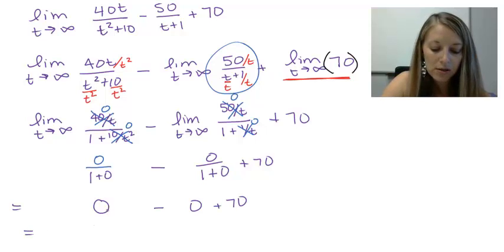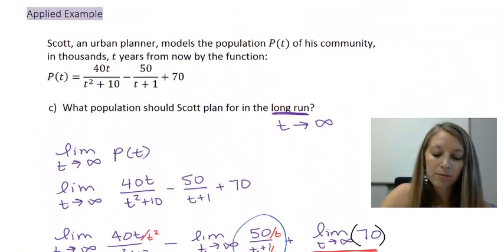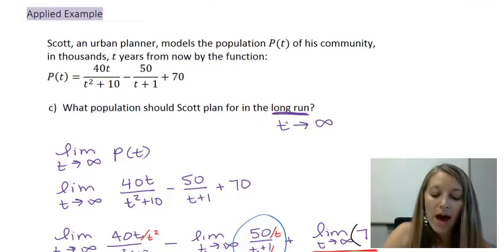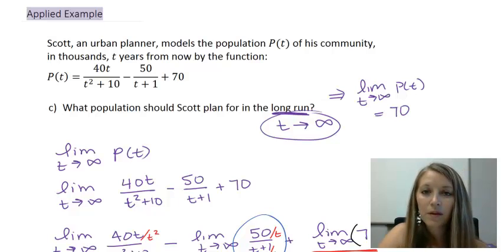So my overall answer, 0 minus 0 plus 70, that of course gives me 70. So if I go back up to here in my problem, what happens in the long run, as t approaches infinity, that means our limit as t approaches infinity of this function is going to approach 70.